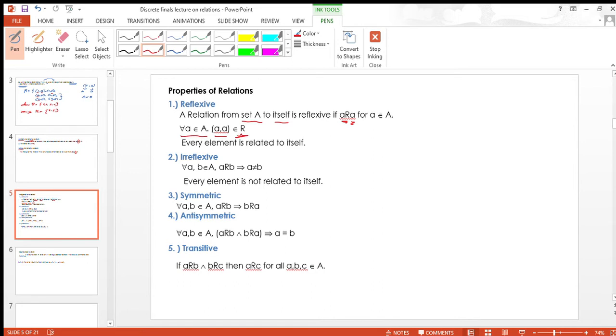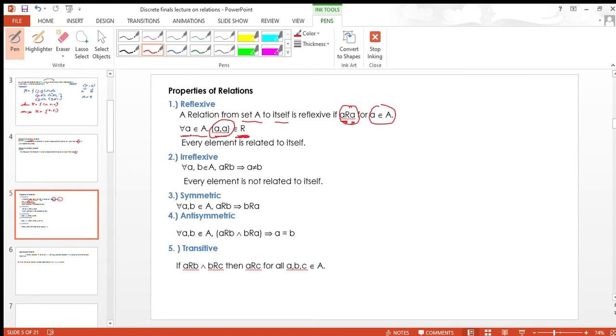So what is this property saying? Get an element in your set, apply your relation or the open sentence to that element, the resulting ordered pair must still be in the open sentence or in the relation.